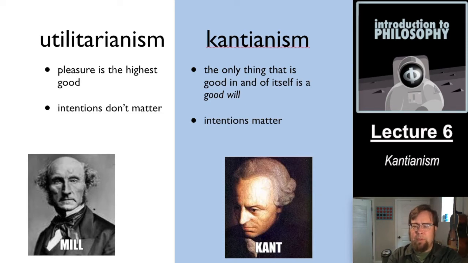But what could that something else be? According to Kant, the only thing that could be intrinsically valuable is the human will. And you should be thinking of things like free will and the ability of people to make choices, the ability to be free or autonomous. That is something that is intrinsically good. And this is closely related to the idea of treating people as ends unto themselves, as opposed to means to ends.